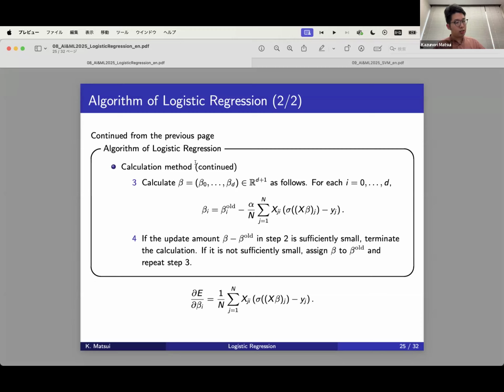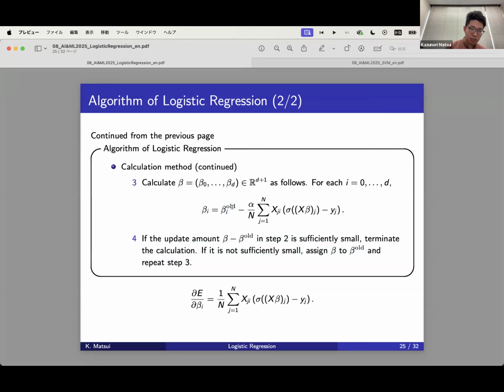When we implement the steepest descent method using this, it becomes like this form here. We decide the data first, calculate the gradient, multiply by alpha, and subtract. By repeating this, we get closer to the optimal solution.